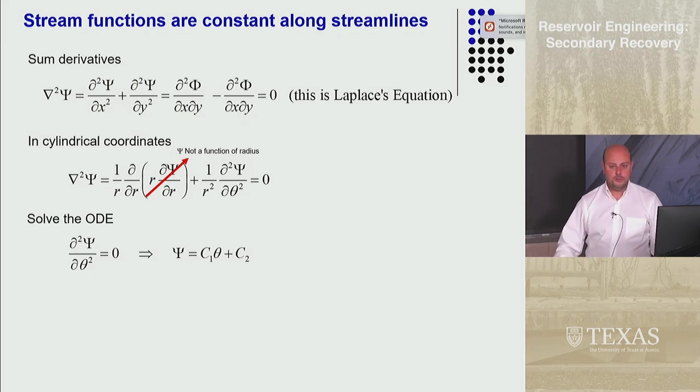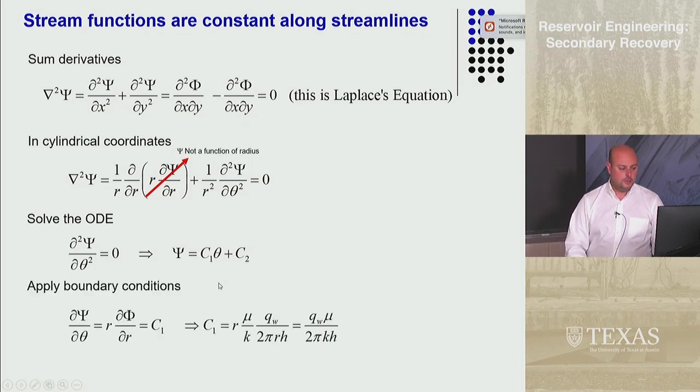They're just new constants of integration that go in there. You need boundary conditions to determine those, and so we can apply those. I won't go through the detail much there, but it turns out C1 is your well rate times your viscosity divided by 2 pi times the permeability K divided by the thickness H.